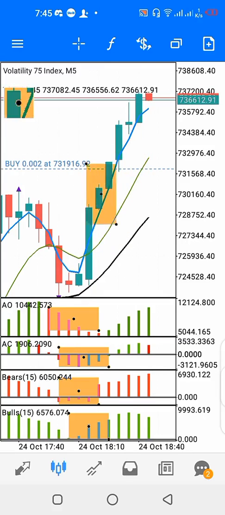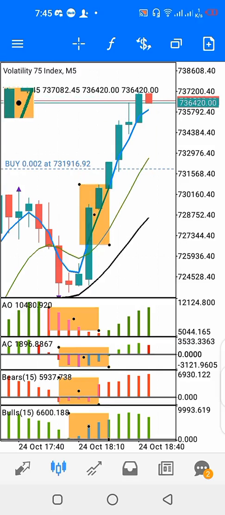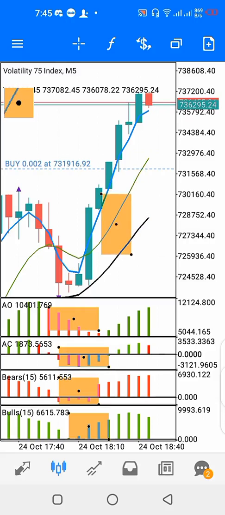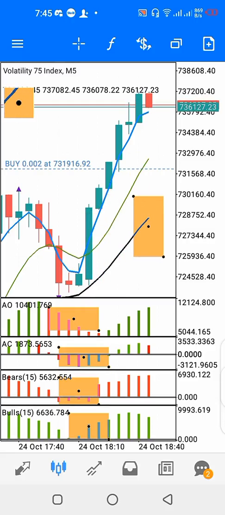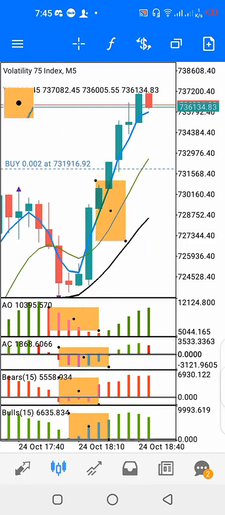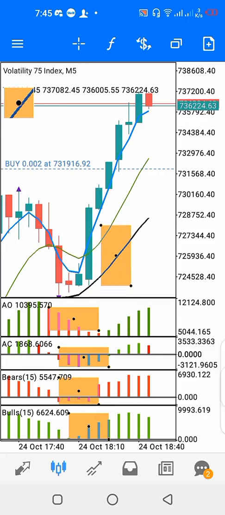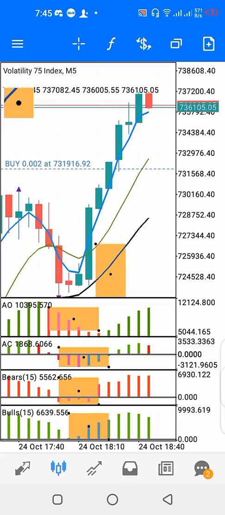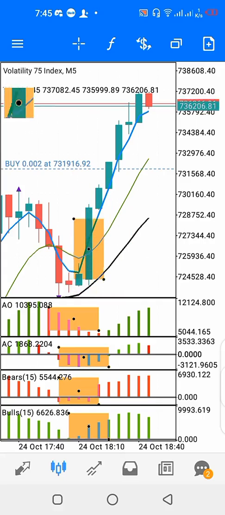So in as much as I have the blue color above the green and the black lines, then I have a buy signal, more especially when price closes up above the blue color, and at the same time it laps across both the blue and the green color lines. That gives me my buy signal. That tells me it's time to buy.